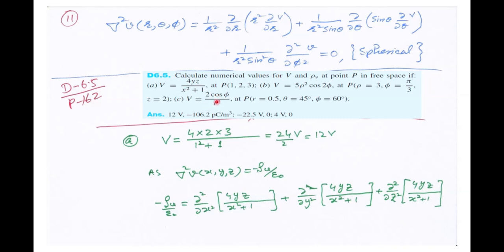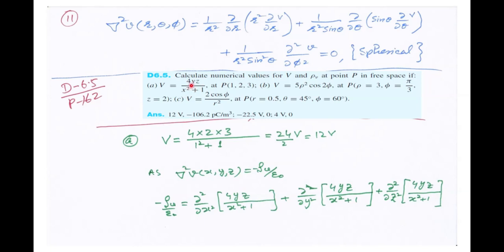In this problem, we are asked to calculate the numerical value for V, that is the potential, and the volume charge density at point P in free space, for the potential function in the rectangular coordinate system, cylindrical coordinate system, and spherical coordinate system. So let us first consider part A.